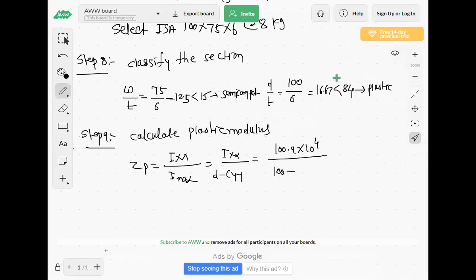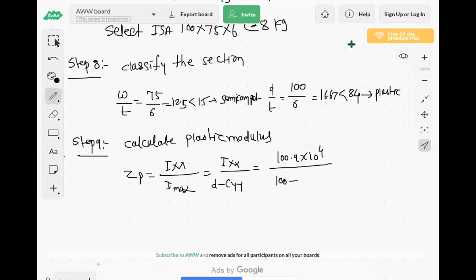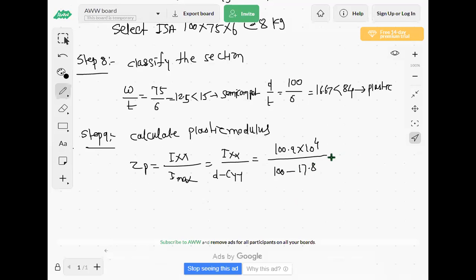How much Cyy value for this 100 by 75 by 6 section? So Cyy value is 1.78 centimeter. It means 17.8 mm. So calculate here ZP value by this calculation.